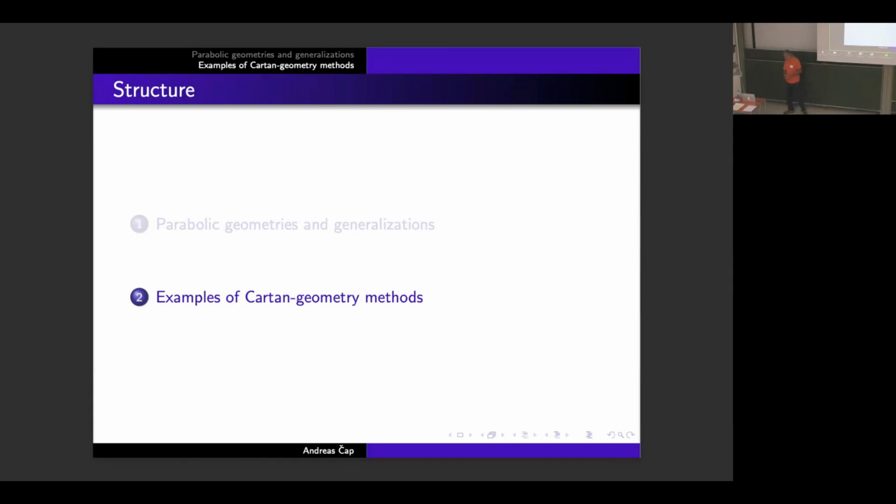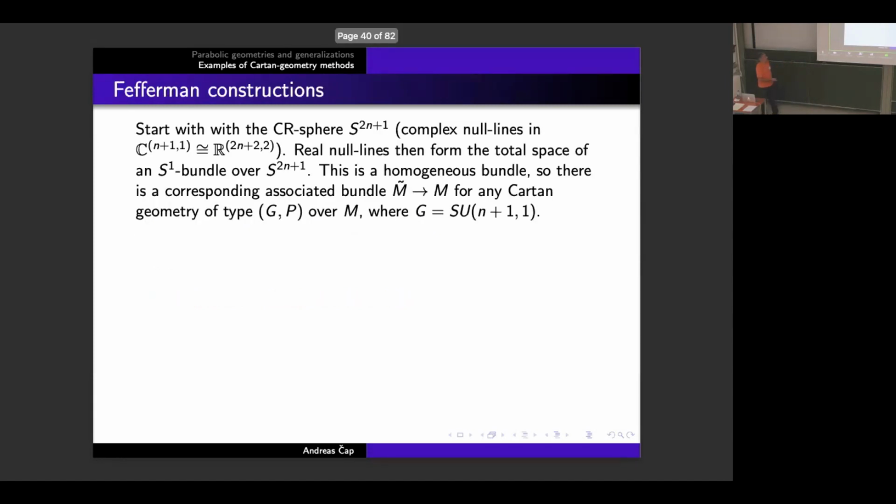Okay, and the first example I want to discuss is exactly in this spirit, and these are called Fefferman type constructions. And here you start with CR geometry. The homogeneous model is that you take C^(n+2), you endow it with a Lorentzian Hermitian form, you take the space of isotropic complex lines.